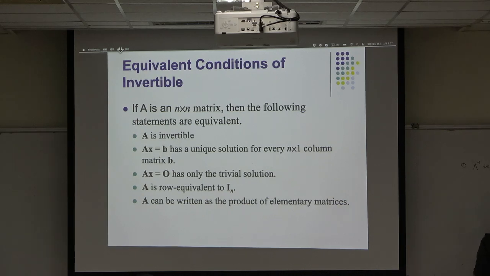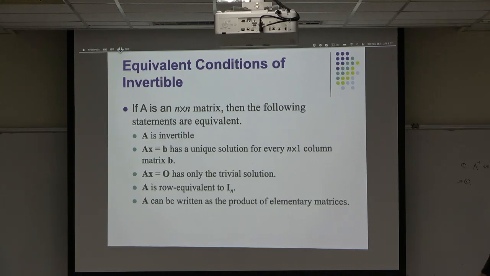According to the definition, A inverse times A equals A times A inverse equals the identity matrix. So if you want to get the second one.